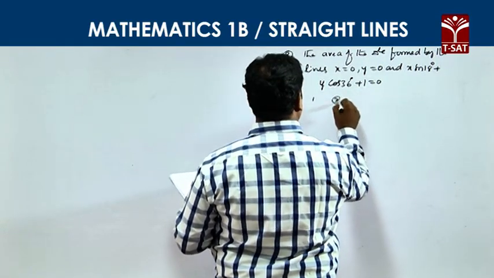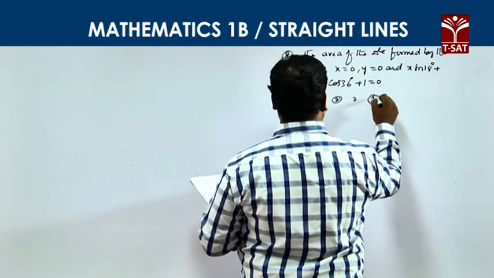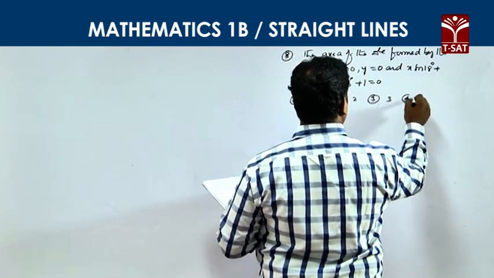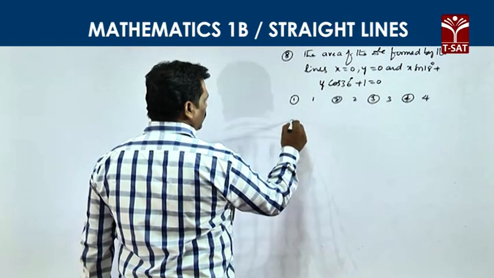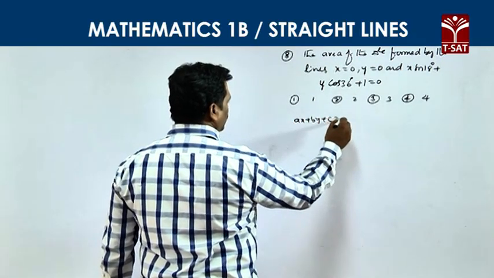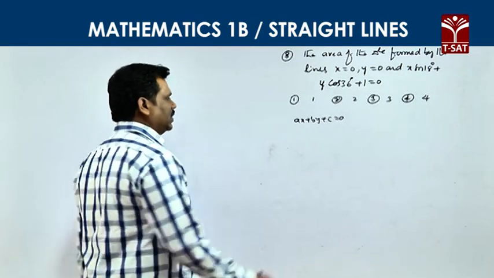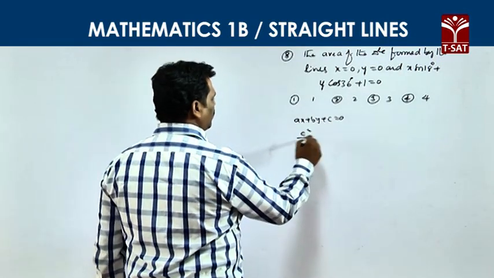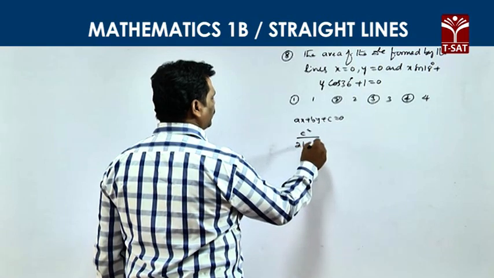First option is 1, second option is 2, third option is 3, fourth option is 4. The area of the triangle formed by the line ax + by + c = 0 is c²/(2|ab|).